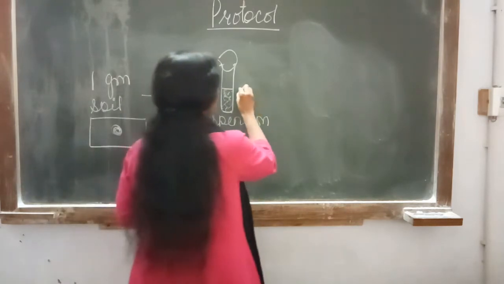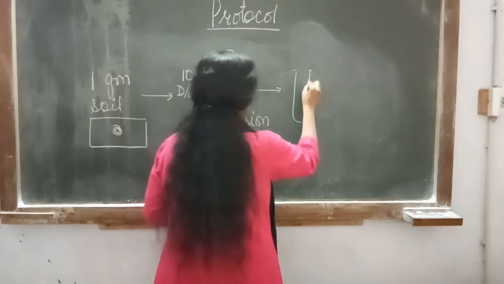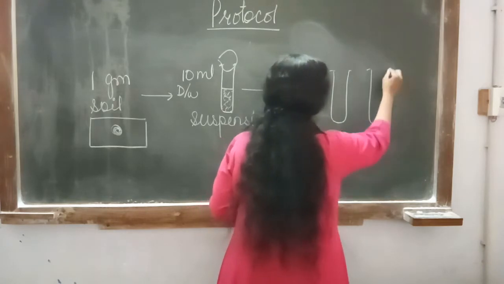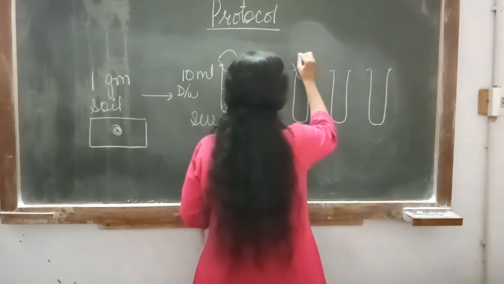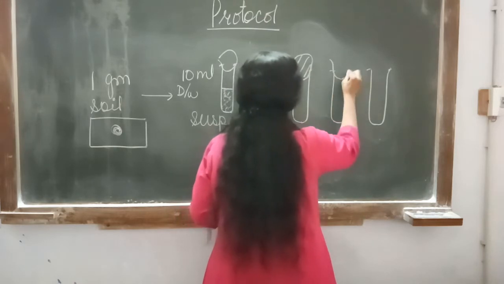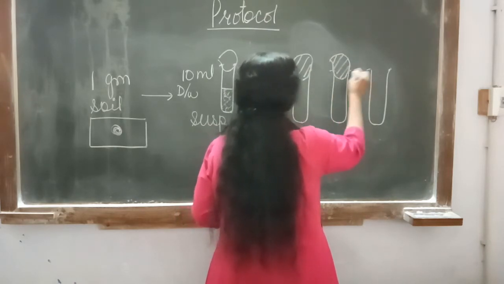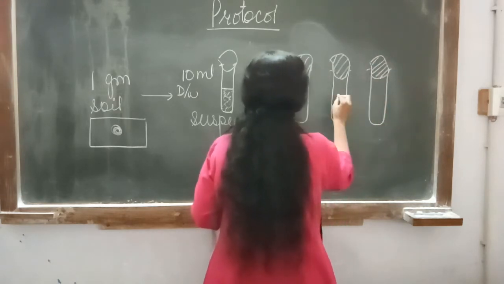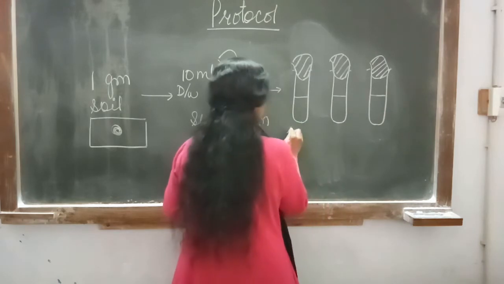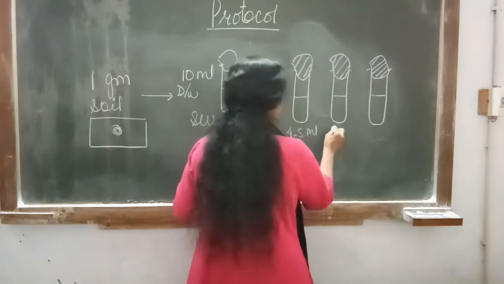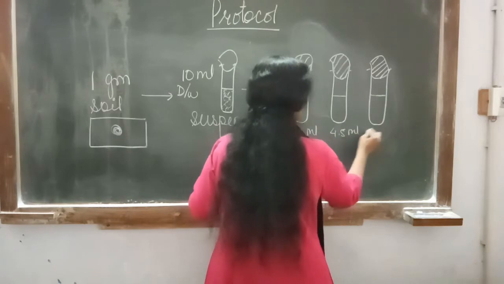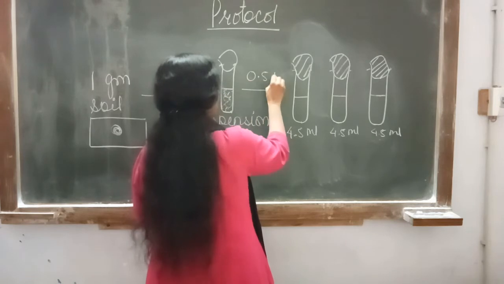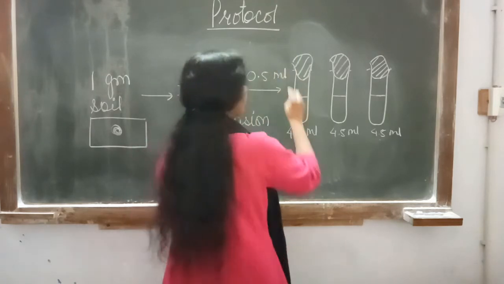Now we are going to carry out the dilution. Usually we prepare 3 different dilutions to lessen the amount of bacteria found in the soil. Here we take 4.5 ml of distilled water in all the tubes, and we are going to withdraw 0.5 ml from the previous tube.